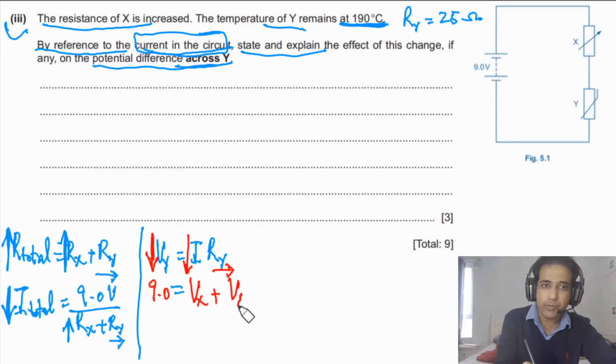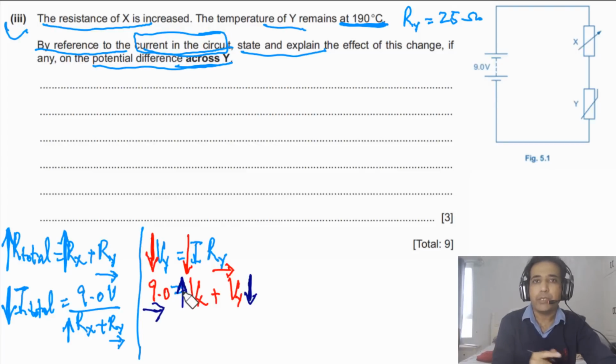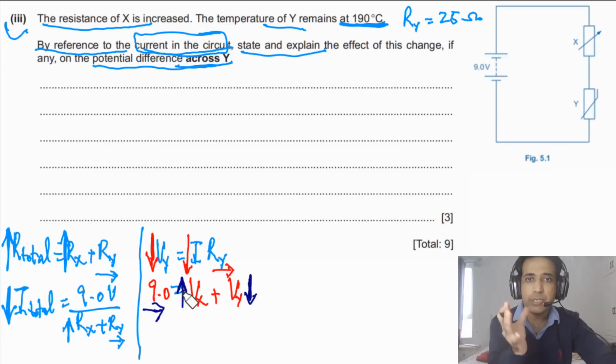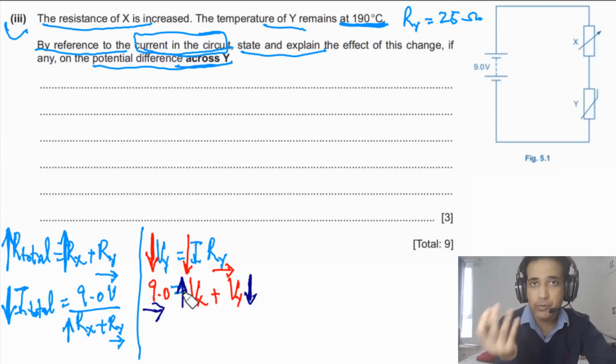So we can see from here, if Vy goes down, and this is constant, it means Vx should increase. So these are the points you need to understand. This is how we answer questions about circuits. This approach you have to use, and these things should be very clear to you. Then you can handle questions on circuits.